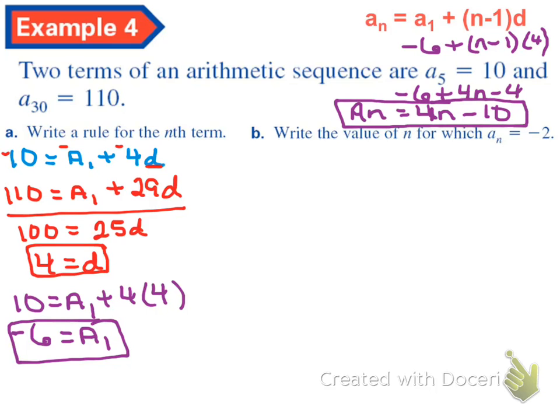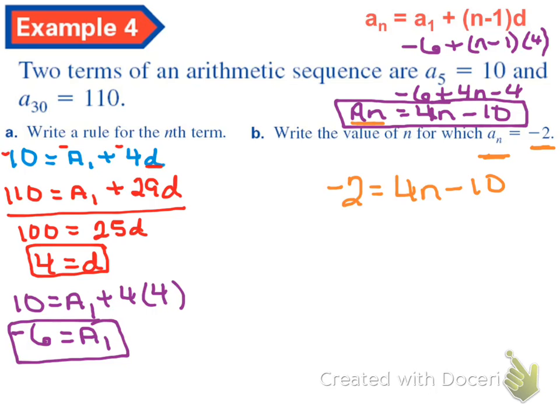Part B asks us to find which term would equal a -2. So we want to know, when does any term equal a -2? So you put the -2 in for any term, and you want to know what number of term would give you this -2.